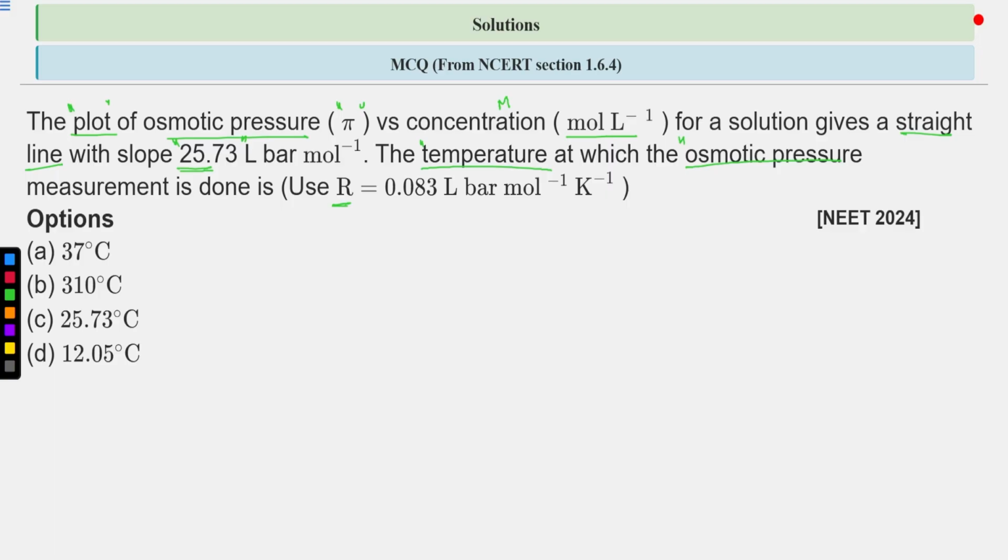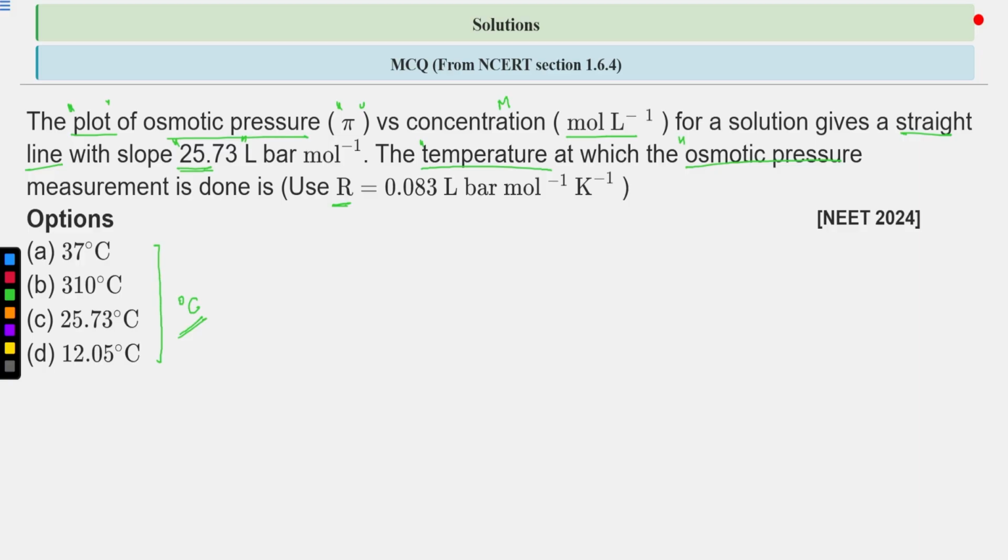The four options given are 37 degrees Celsius, 310 degrees Celsius, 25.73 degrees Celsius, or 12.05 degrees Celsius. So these are the four temperatures given in degrees Celsius. Don't forget, given in degrees Celsius.